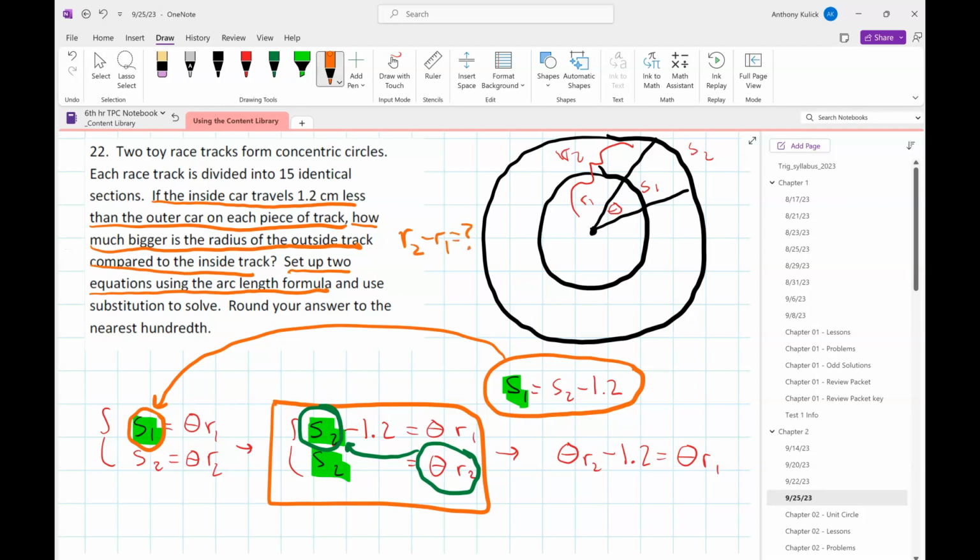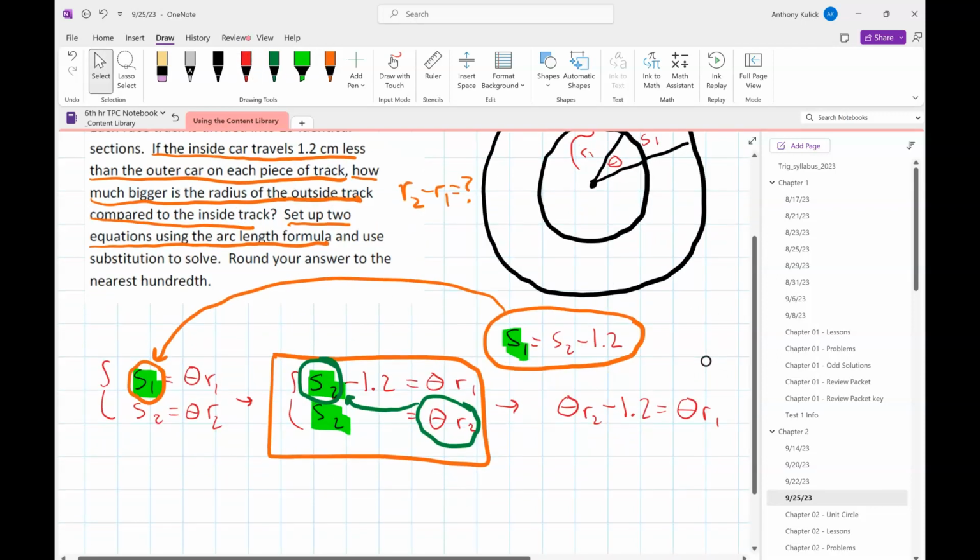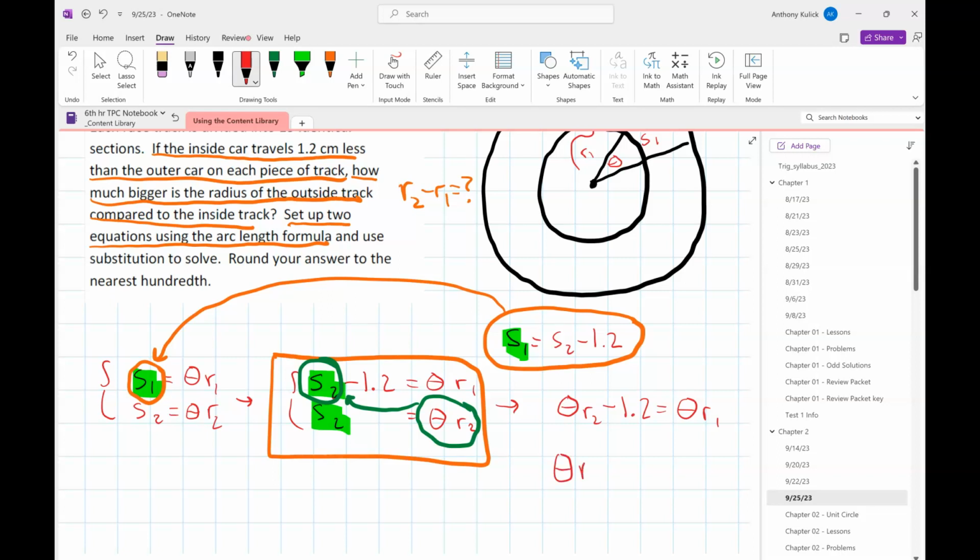So it's asking me for R2 minus R1. So I don't actually need to solve for R2 and then solve for R1. I can just solve for the difference of the two, because that's really what the question's asking for. So that's what I'm going to try to do then. I'm going to start by subtracting the R1 theta from both sides, and then adding the 1.2 to both sides.